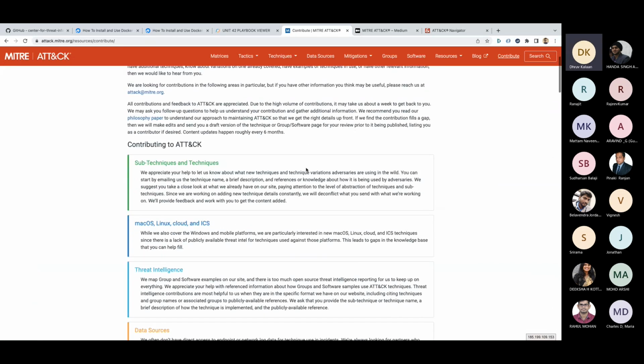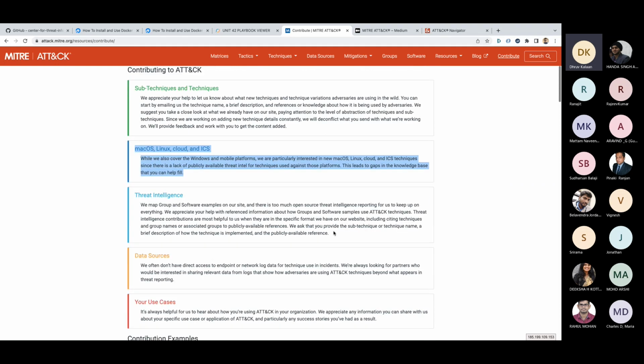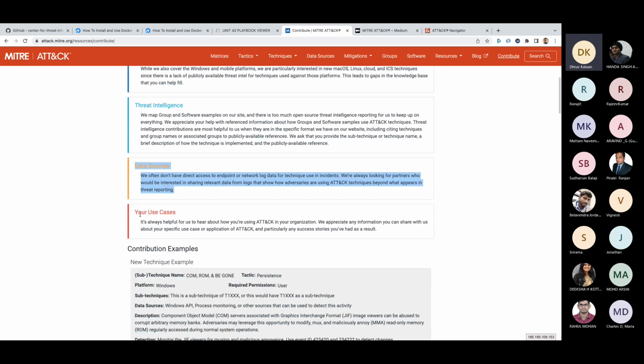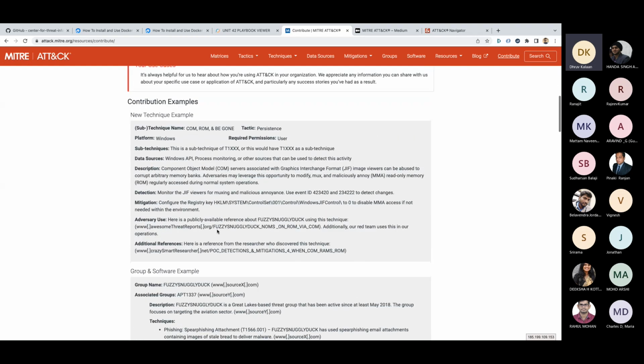In terms of how ATT&CK is filled up, people provide sub-techniques and techniques, people provide which OSs, threat intelligence, data sources, and use cases as well. So this is how information is set up and sent out.